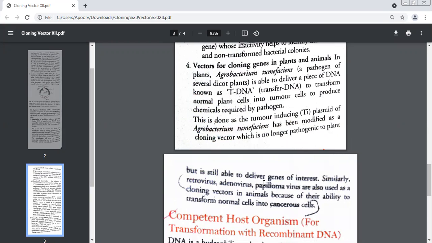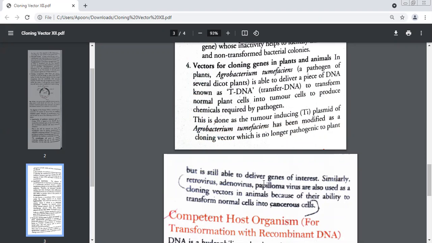A vector carries your gene of interest to the host. So for a dicot plant, which vector should you use? Agrobacterium tumefaciens, with a little modification.